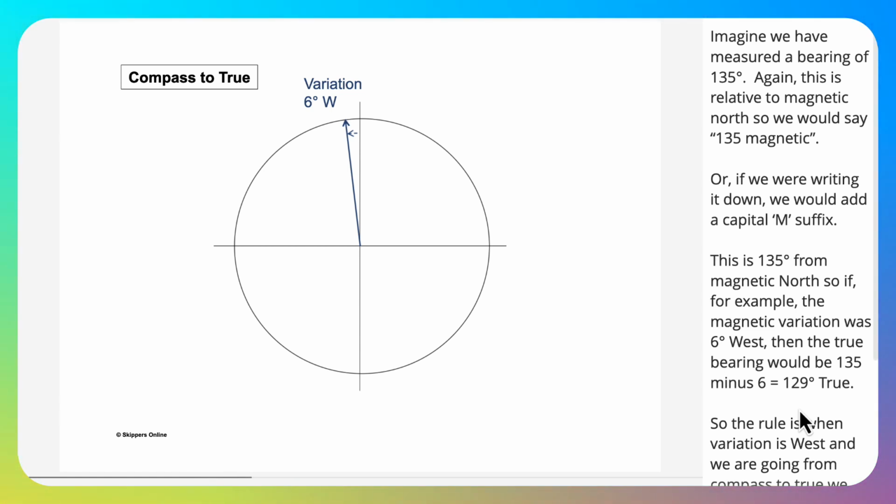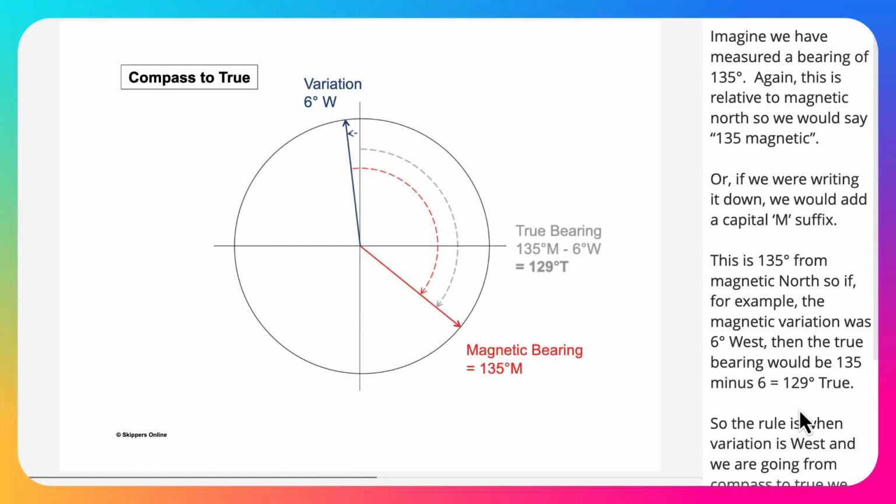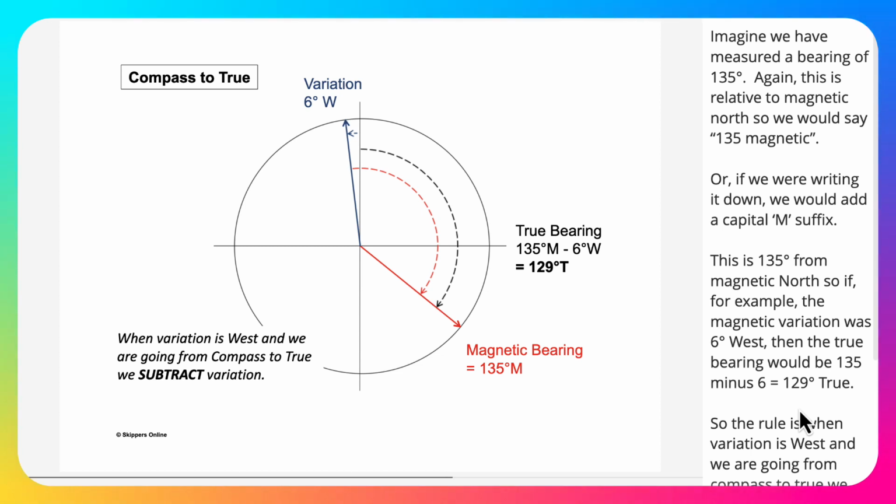This is 135 degrees from magnetic north. So if, for example, the magnetic variation was 6 degrees west, then the true bearing would be 135 minus 6, which equals 129 degrees true. So the rule is, when variation is west and we are going from compass to true, we subtract variation.